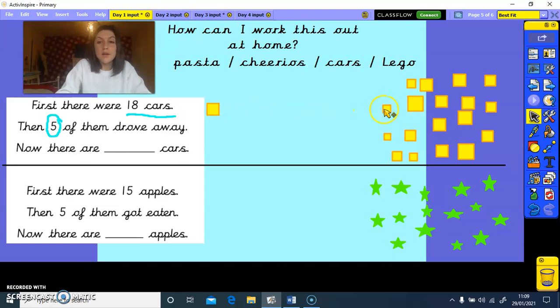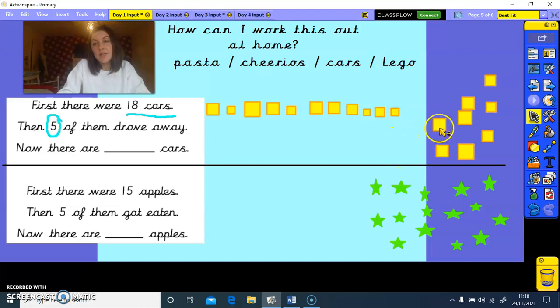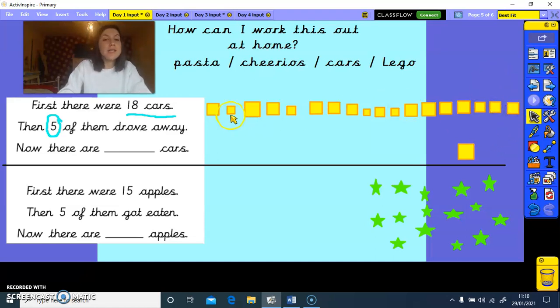So I've got 1, 2, 3, 4, 5, 6, 7, 8, 9, 10, 11, 12, 13, 14, 15, 16, 17, 18. I've got 18 little Lego pieces or cars in a row.